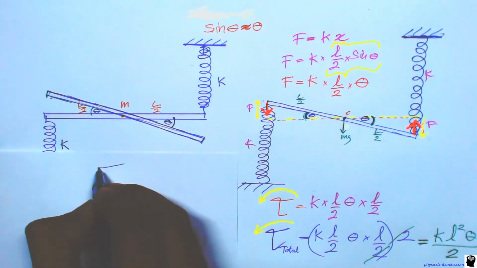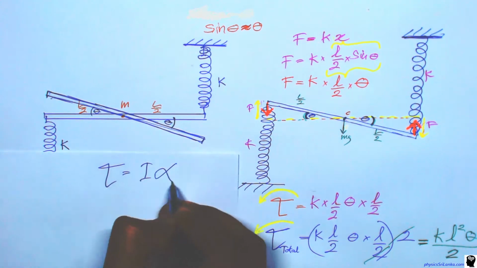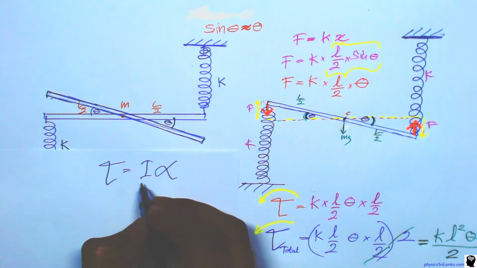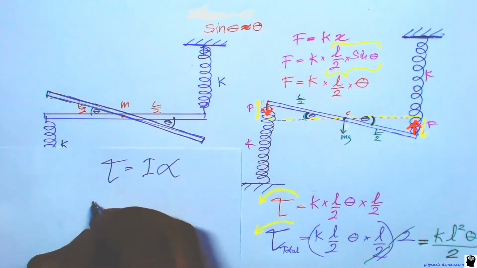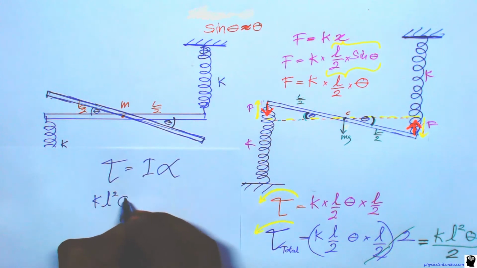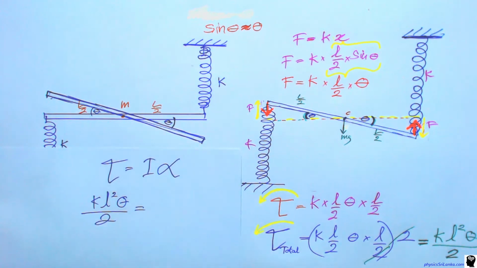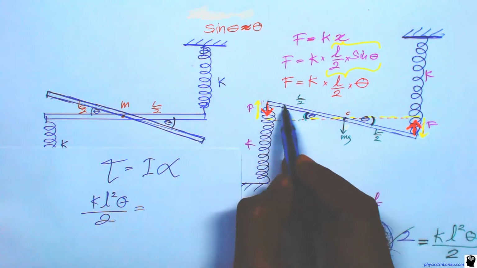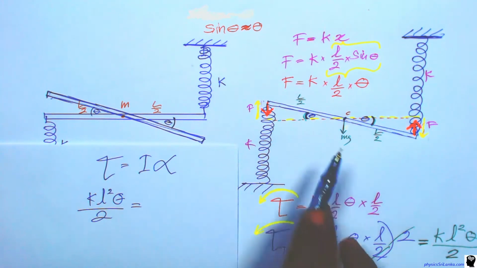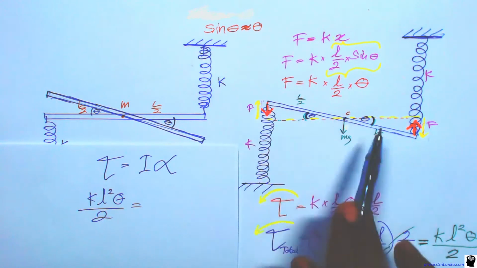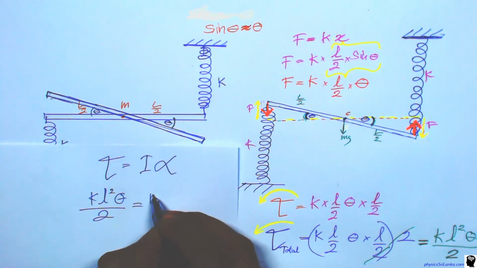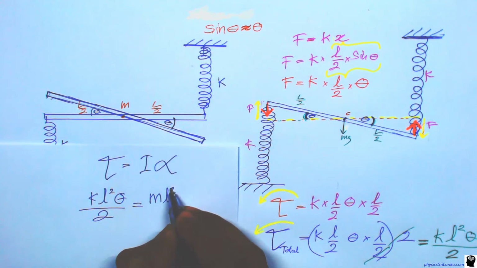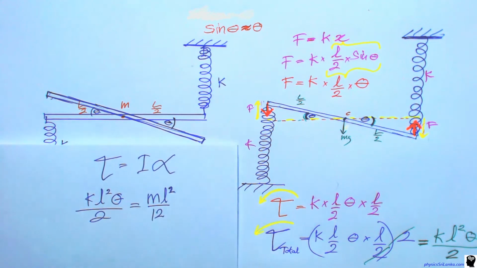Okay, now we can apply tau equals I alpha. This I is the moment of inertia. The total torque, as we found, is K L squared theta divided by 2. So now what would be the moment of inertia of this rod? We know the moment of inertia of the rod about its center is m L squared divided by 12.